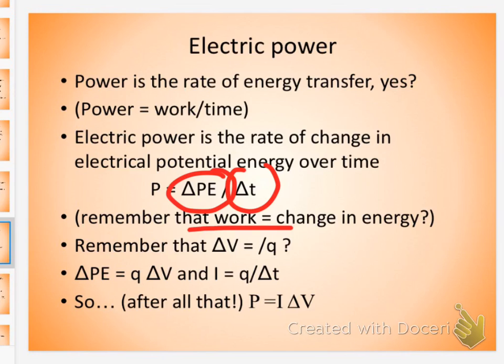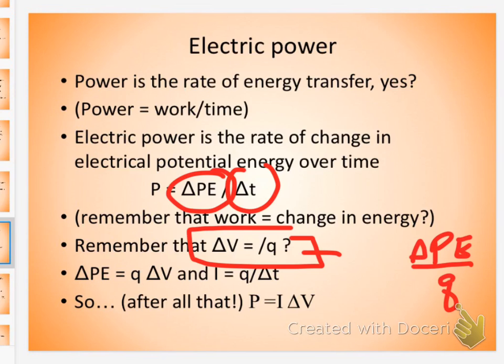And voltage, the change in voltage was, that's wrong, delta PE over Q. So electrical power is equal to current times change in electrical potential. Yeah, we're not going to use it.